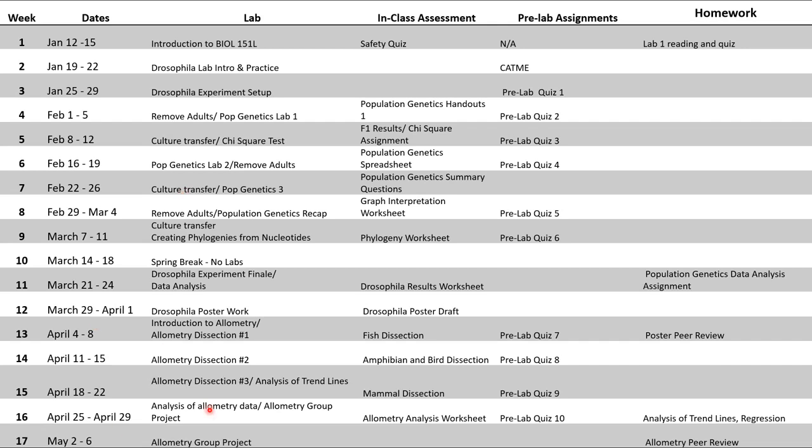Those are not the same 3 that we'll do this year, but it gives you an idea: we meet every week except for spring break, and we do 3 to 4 different labs that are multiple week labs, where you'll be introduced to the topic, taught some skills, collect some data, analyze the data, all while having both in lab and out of lab assignments to do.